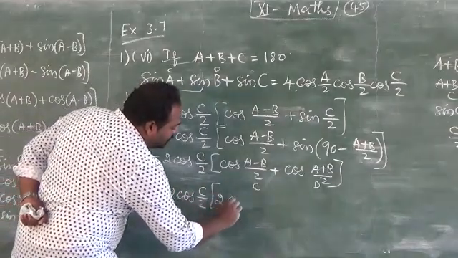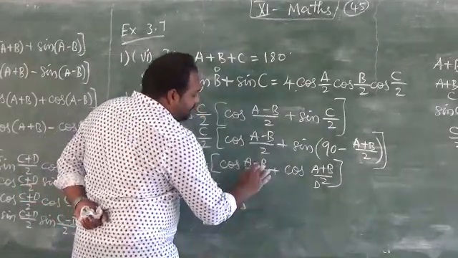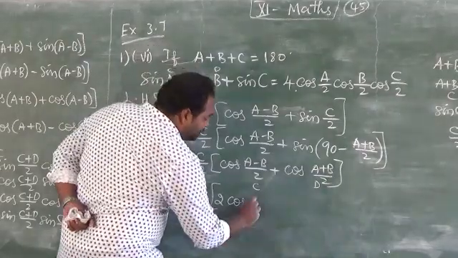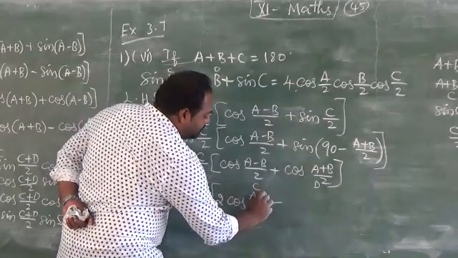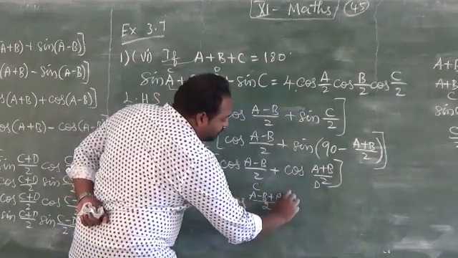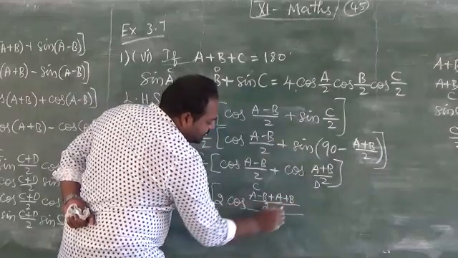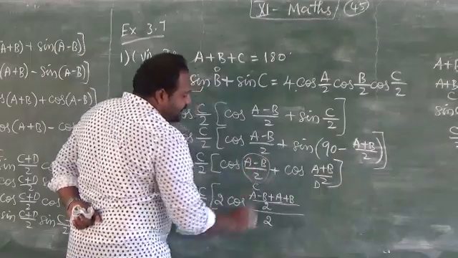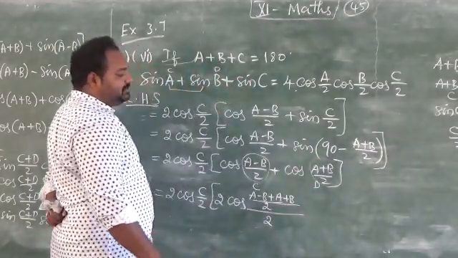Here, what is c plus d? (a-b)/2 plus (a+b)/2, so here we have a common denominator in the numerator, a minus b plus a plus b, and I am taking it by 2. This is (c+d)/2. C is a minus b by 2, D is a plus b by 2.